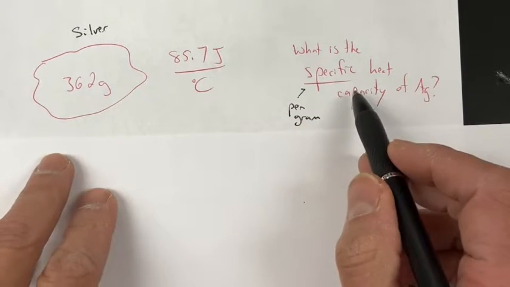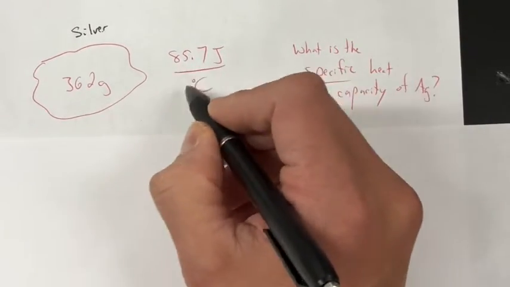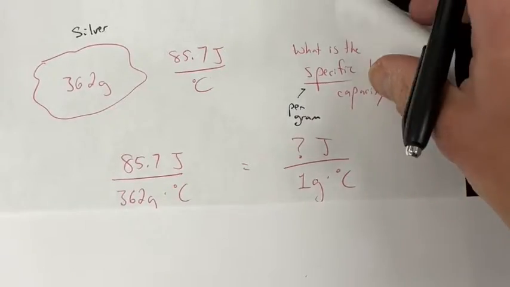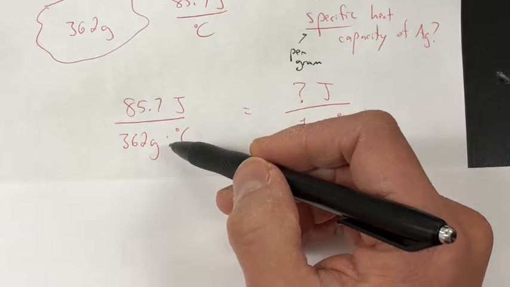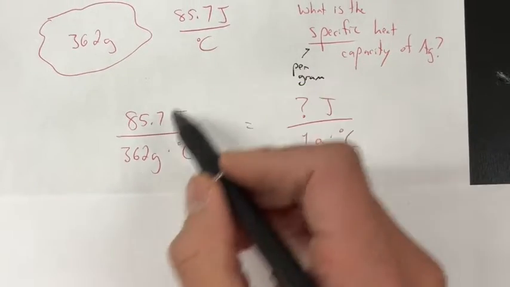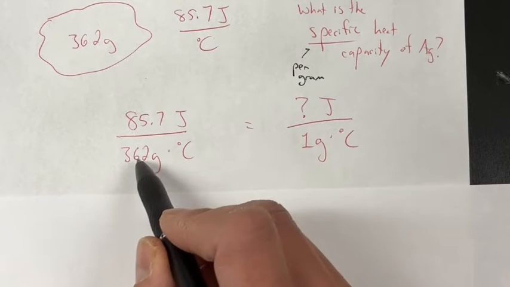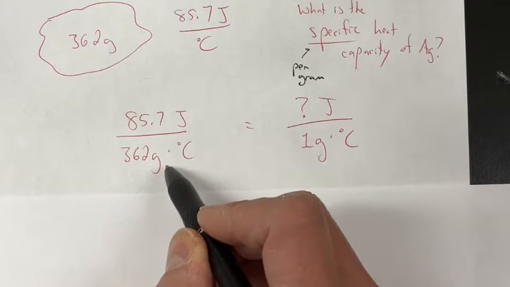Well, what's the specific heat capacity? I want to figure this out per gram now. So what can I do? I can set up a ratio, or I can just basically divide these things out. I know that there's 85.7 joules for 1 degree Celsius. Well, what is it in 362 grams?